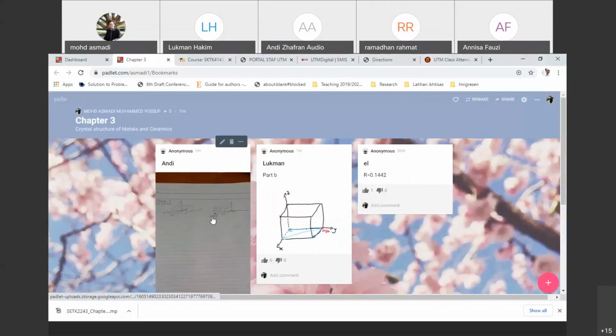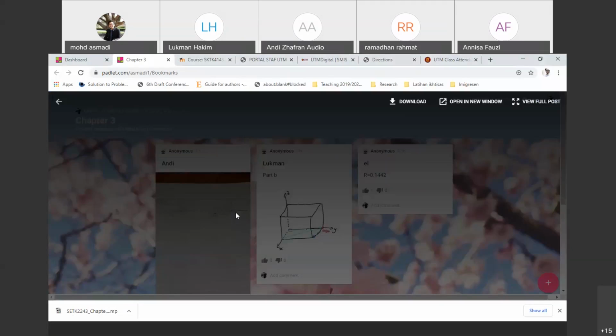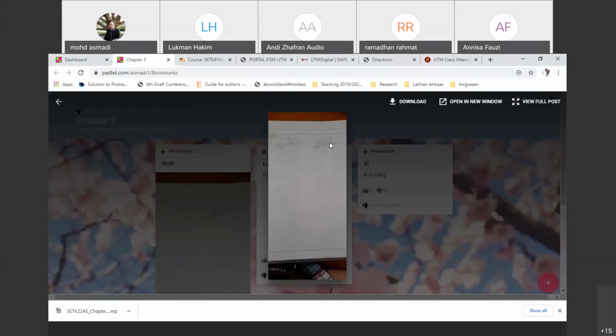This one, Andy, I cannot see Andy. It's so small. Oh my god, it's so small. Can you repost? I cannot see Andy. It's too small. Maybe you take one picture big like Lukman. I think this one is big.